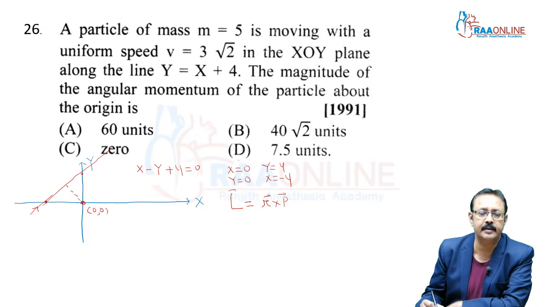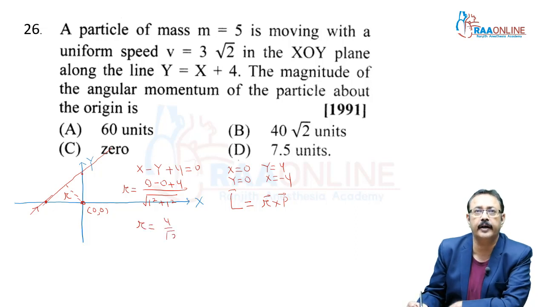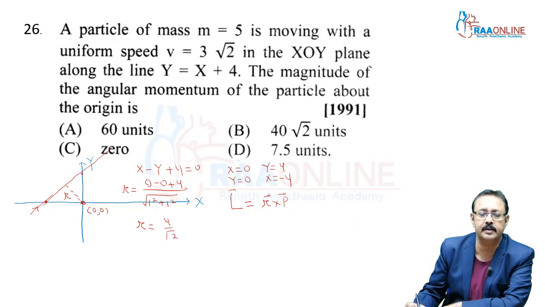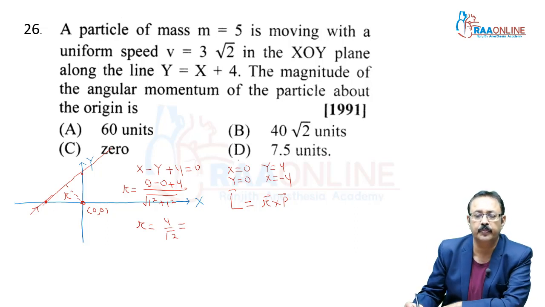If this distance is r, put in place of x and y the coordinates of the point from which you want to calculate distance: 0 minus 0 plus 4 divided by under root coefficient of x square plus coefficient of y square. So what distance are we getting? 4 by root 2, which means 2 root 2.